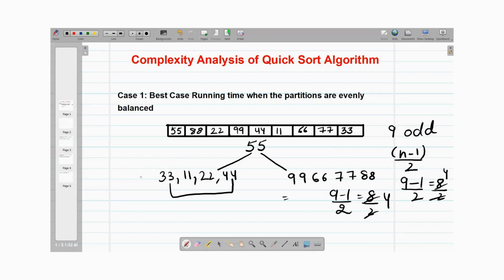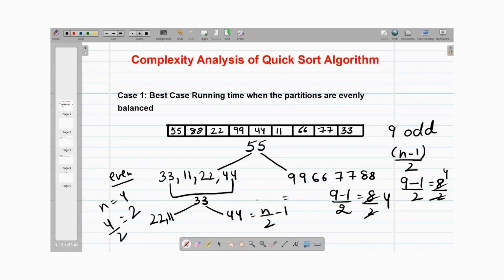But if I have an even number of elements, as I have here, and I run the quicksort algorithm, what comes in the middle would be 33, and on its left hand side would be 22 and 11, and on its right hand side would be 44. Here, if I take n as 4, on one side I have 4 divided by 2, that means 2, and on the other side the elements would be n divided by 2 minus 1.